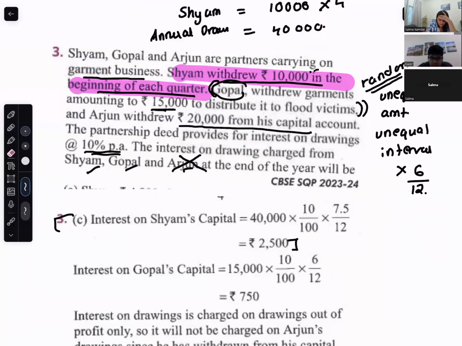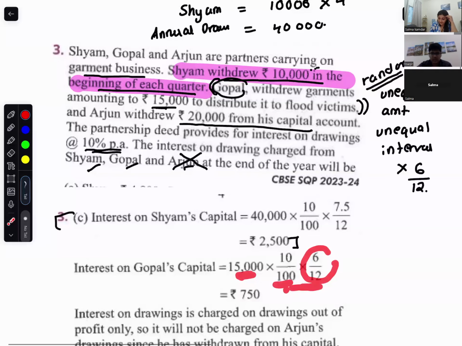Rate of drawings is how much? 10%. And it is beginning of each quarter. So into 7.5 by 12, you will calculate the amount for yourself. Interest on drawings for Gopal, it is 15,000 into 10%. Unequal interval, date of drawings is not mentioned. So into 6 by 12. Well, and 6 by 12.